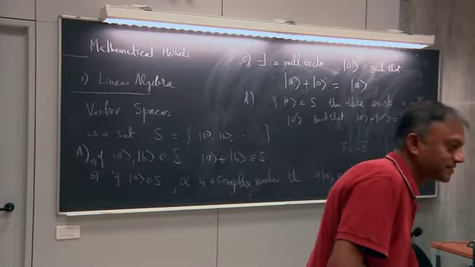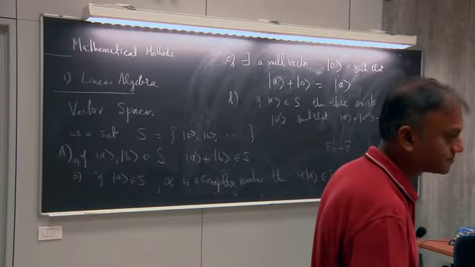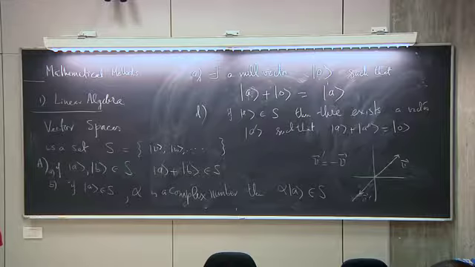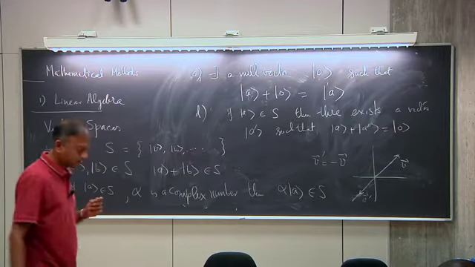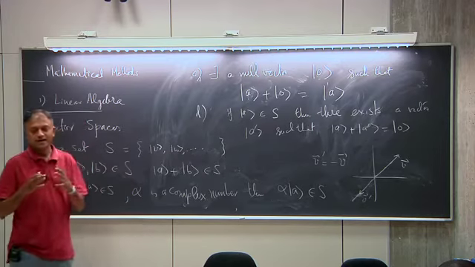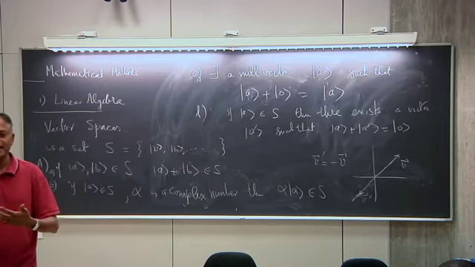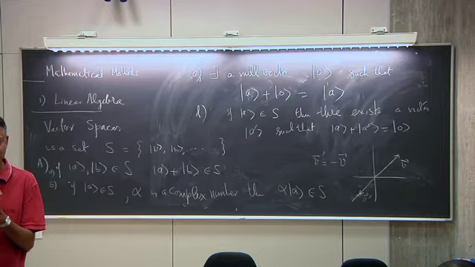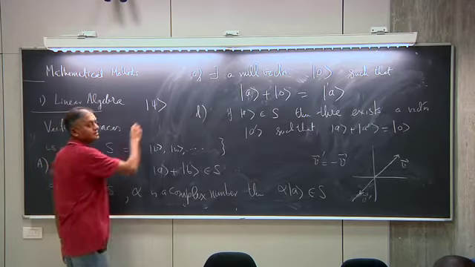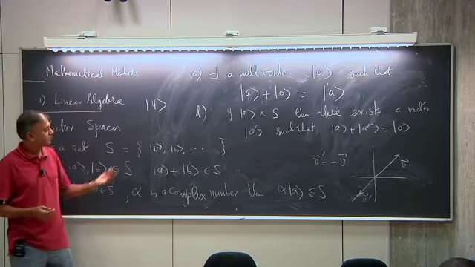About the notation? It's simply because in quantum mechanics, you have the state of a system, right? A state of a system is usually denoted in this way. This is the bracket notation.